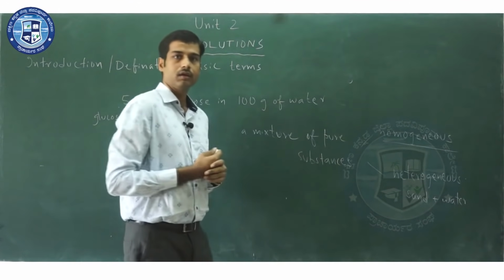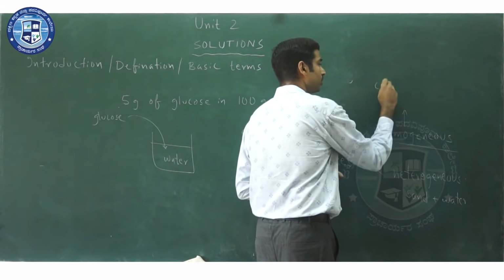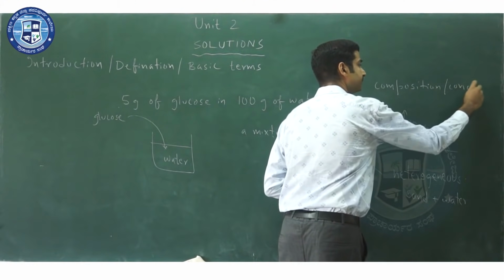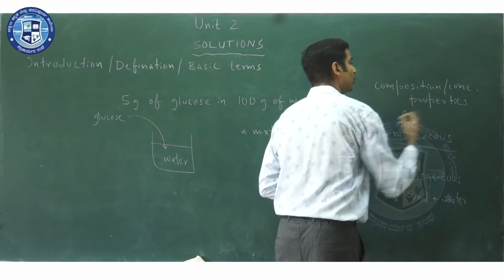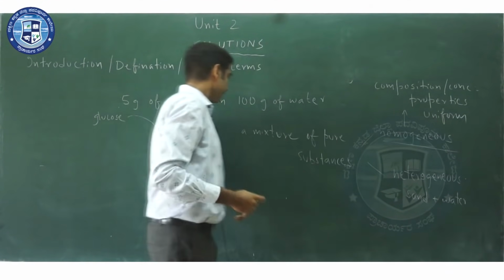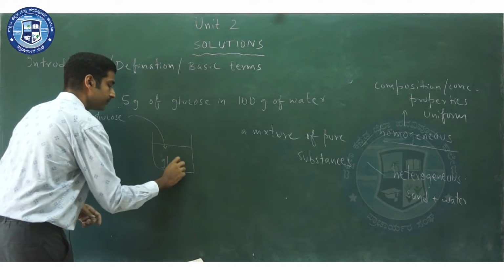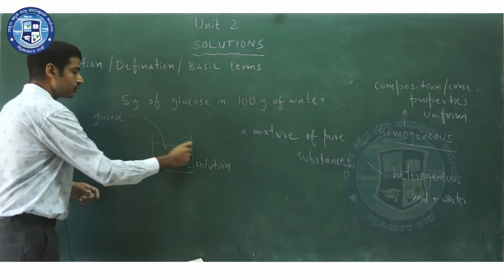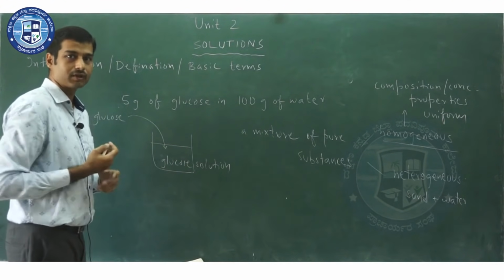Now what do I mean by a homogeneous mixture? In a homogeneous mixture, the composition or concentration as well as the properties will remain uniform. That means if this is a glucose solution now, any portion of this solution will have identical concentration or similar concentration.